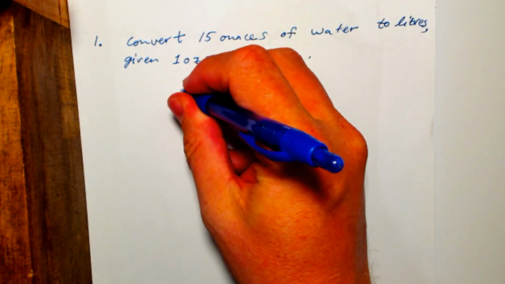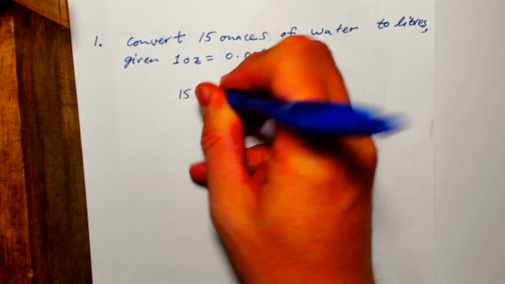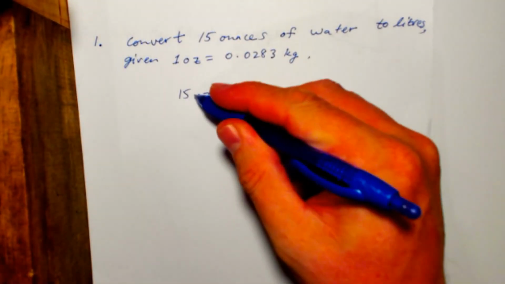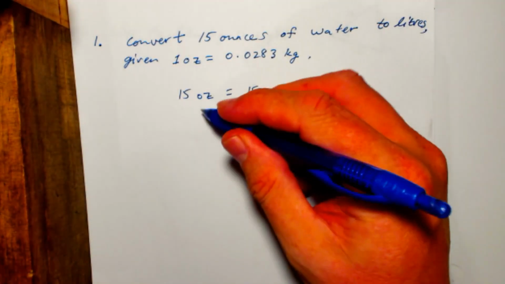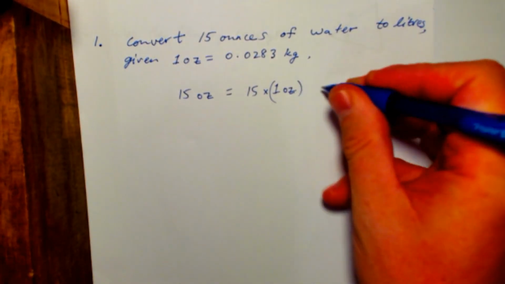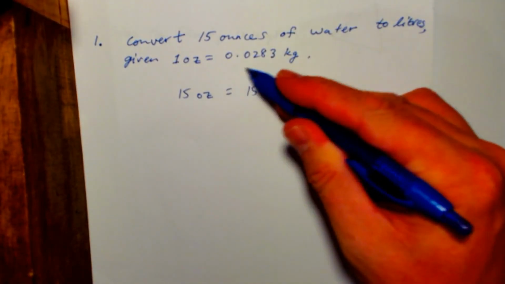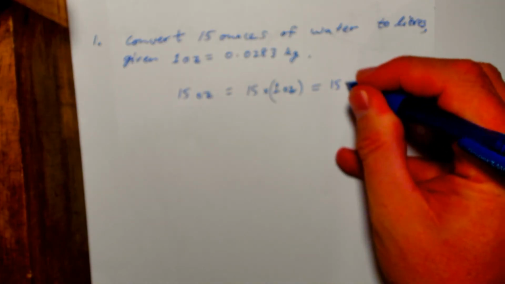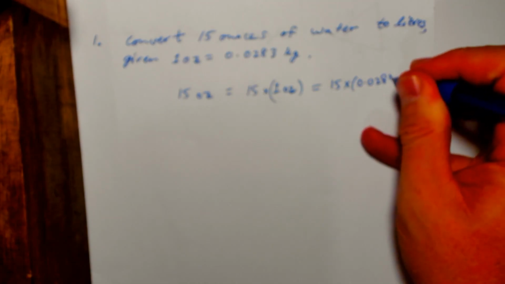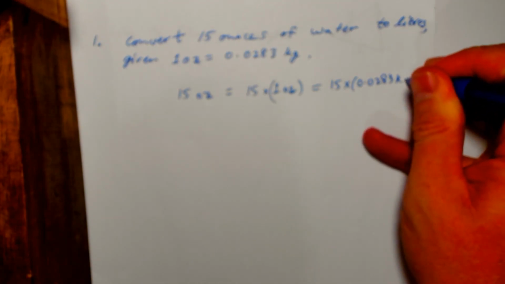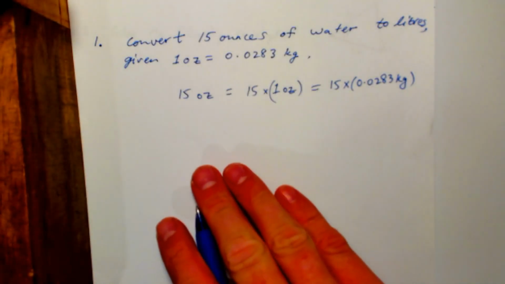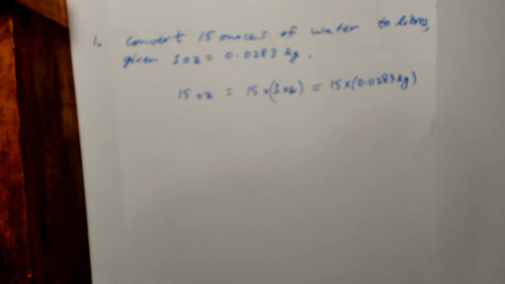So first we have 15 ounces, and that's OZ, equals 15. Now I'm going to replace the 1 ounce because that's 15 times 1 ounce. So let's replace that with this conversion, 0.0283 kilograms. Okay, now let's do the mathematics.